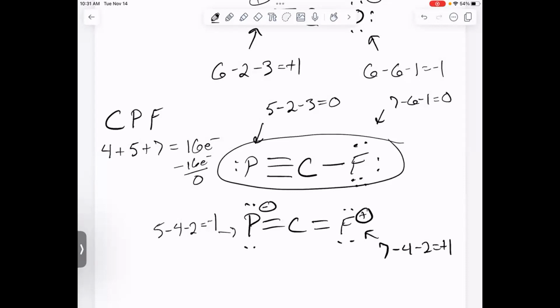One other thing I'll point out, if you do have formal charges in your compound, the more electronegative atoms usually like to have the negative formal charge. So in that bottom version, fluorine has a positive formal charge, but fluorine's the most electronegative element. So fluorine is pretty much never going to have a structure that has a positive formal charge.